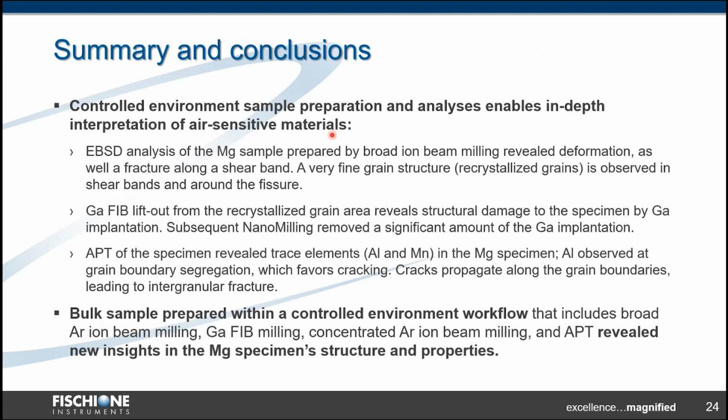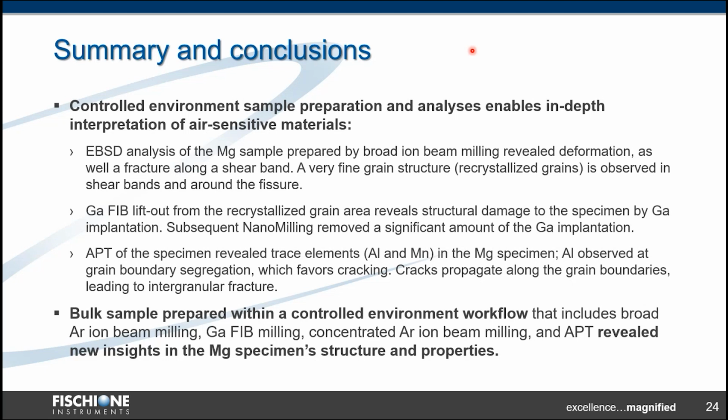So now I will go to our summary and finish with conclusions. In the presented work, we show that controlled environmental sample preparation and analysis allow in-depth interpretation of air-sensitive material. EBSD analysis of the magnesium sample prepared by broad ion beam milling revealed deformation as well as fracture along the shear bands.